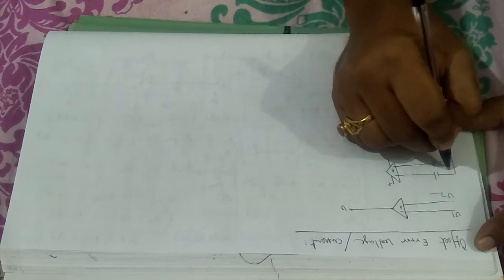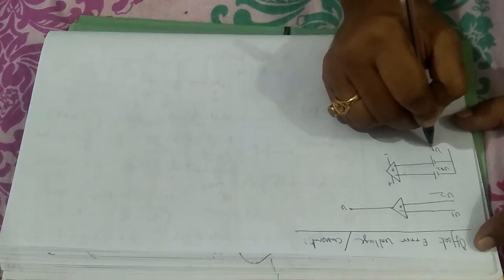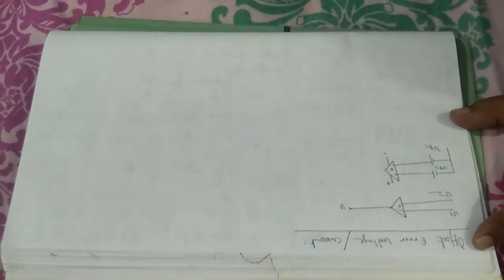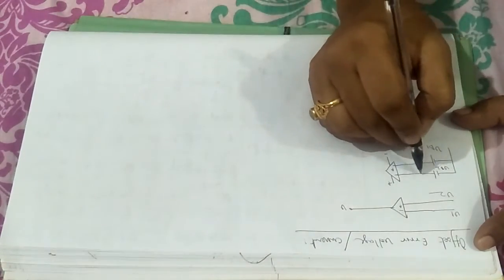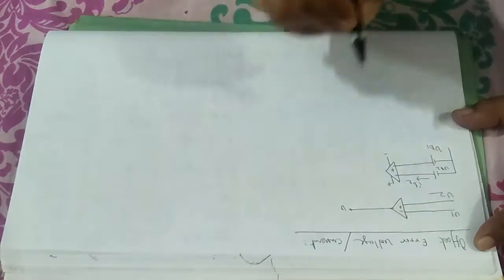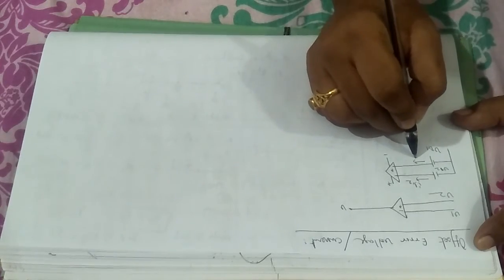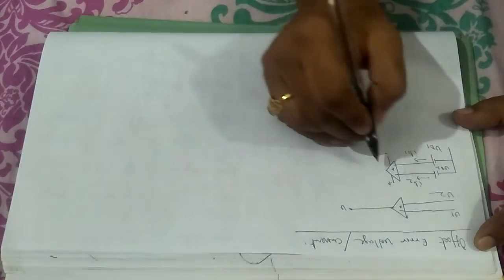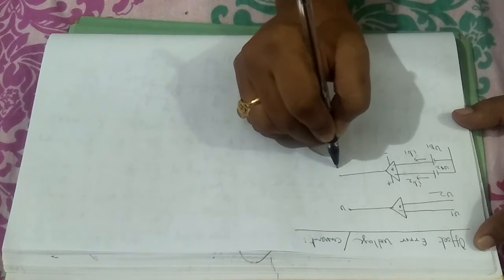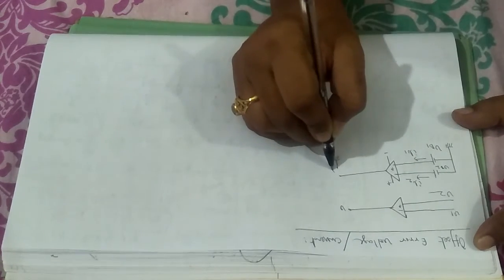Suppose this is VB2 and this is VB1. These are the bias voltages. The current flowing through it is IB2, the input bias current, and here it is IB1. This is the output. Output is always measured with respect to ground, so this is V0.